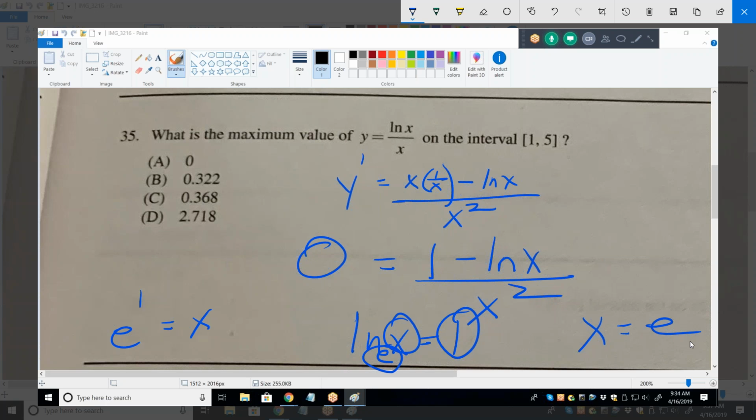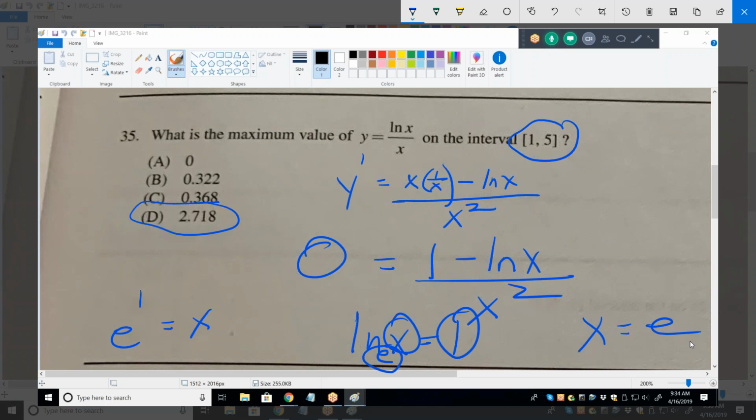Regardless, x is equal to e. So in that interval, the answer is what's e? E is 2.7. With me? Yeah.